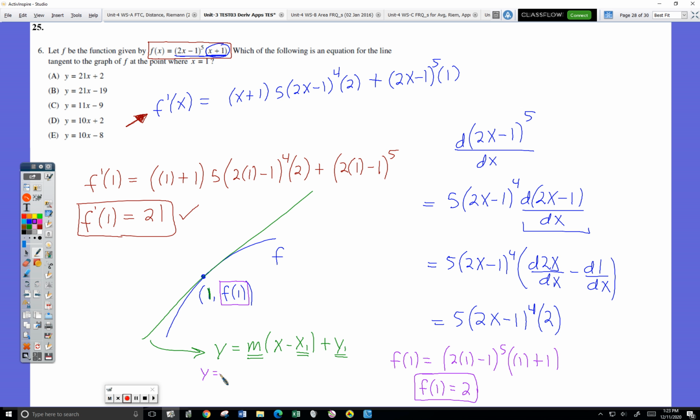Tell me what to write, Megan. So y equals 21 parentheses x minus 1 and then plus 2. I had that part, the y equals 21 times x minus 1 plus 2. But because that didn't match any of the answers, I was lost.